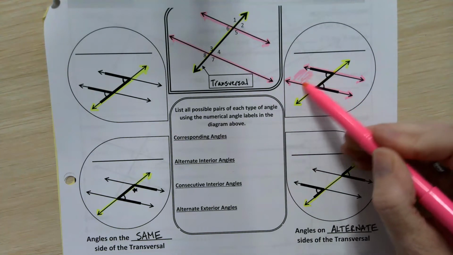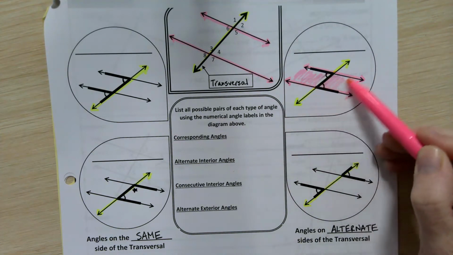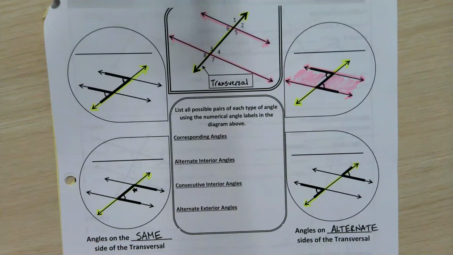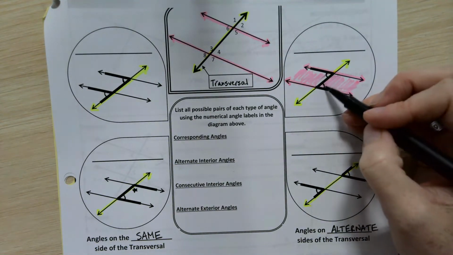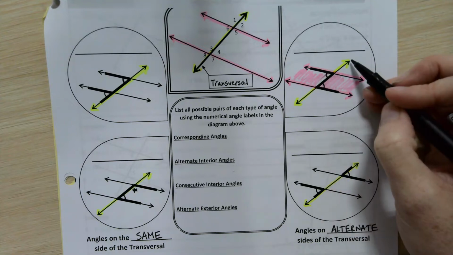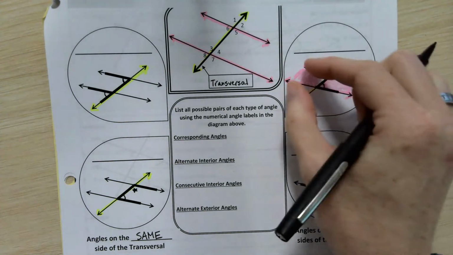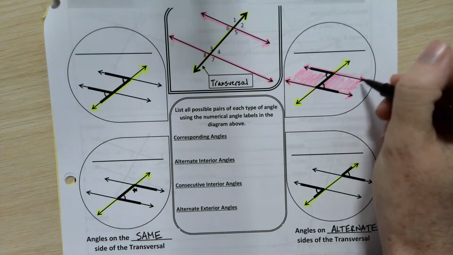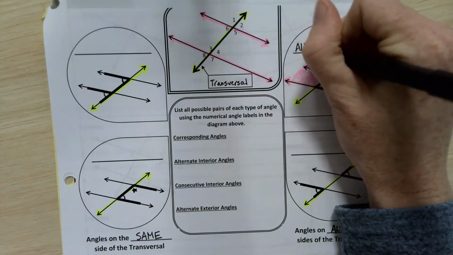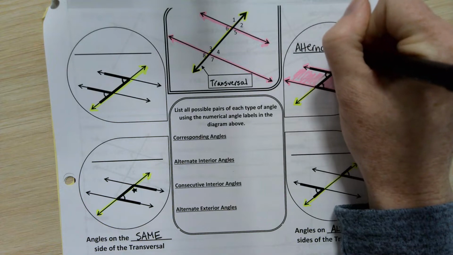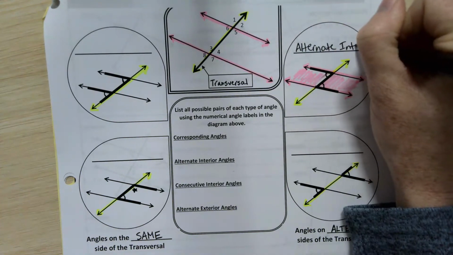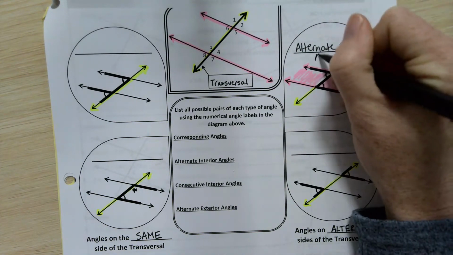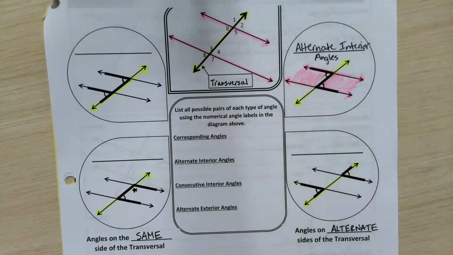This is what we call the interior space for this picture. And so these angles are both alternate because they're on opposite sides of the transversal, but they are interior because they're in between those other 2 lines. That gives us the name alternate interior angles to go with that kind of a relationship.